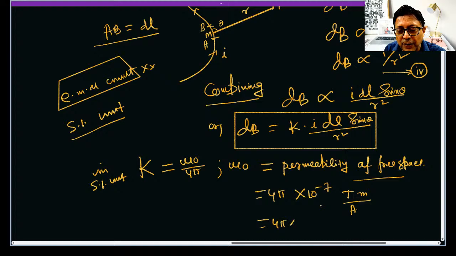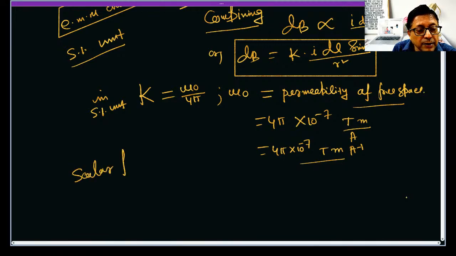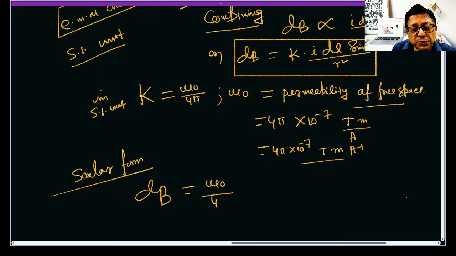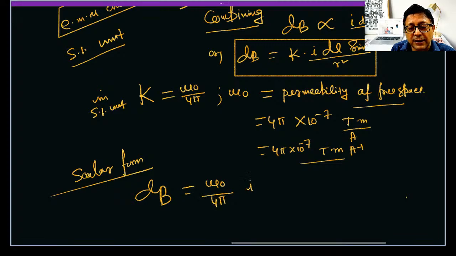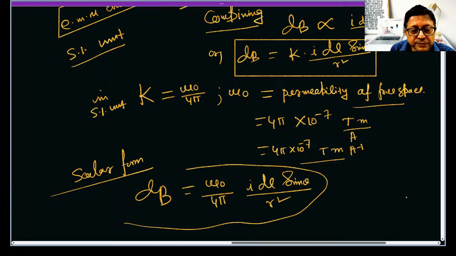You can write it this way, 4 pi into 10 to the power minus 7 T m A inverse, Tesla meter per ampere. So the scalar form is going to be dB equal to mu 0 by 4 pi, I dl sin theta by r square. This is an experimental observation.